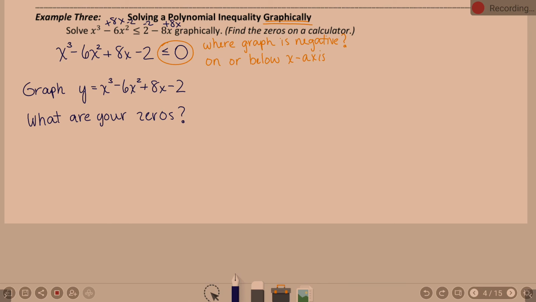X to the third, 6x squared, plus 8x minus 2. Do those cross at nice, neat, whole number zeros? They don't, do they?